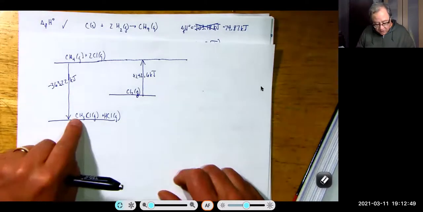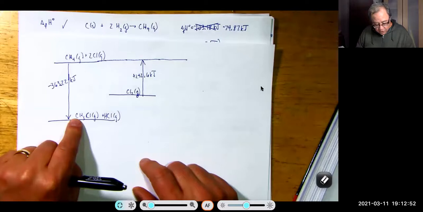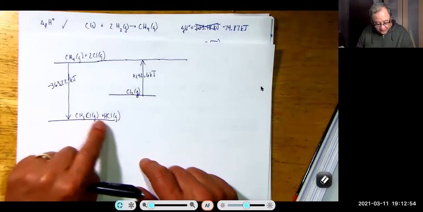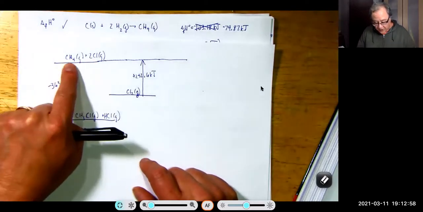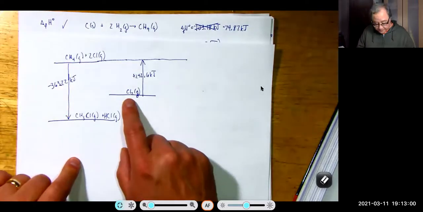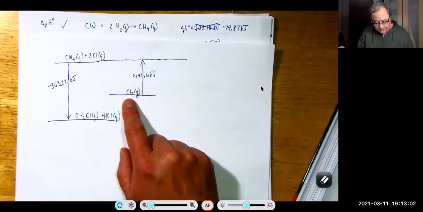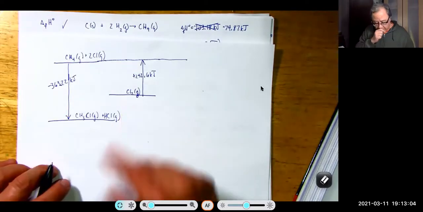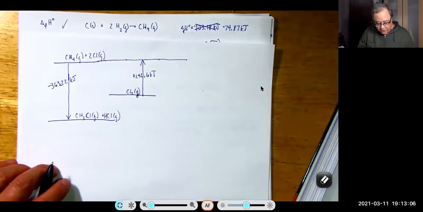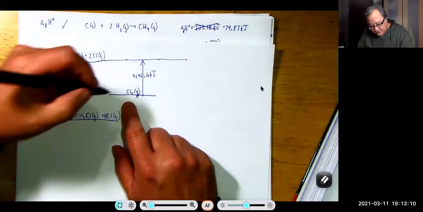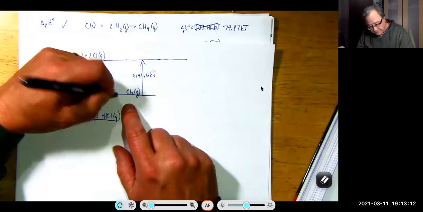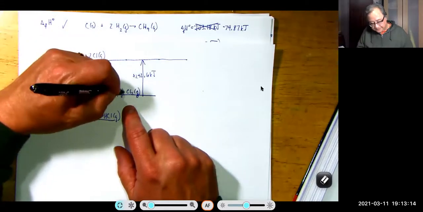I've got 1 carbon here, 2 chlorines, and 4 hydrogens. 1 carbon, 2 chlorines, and 4 hydrogens. No carbons and no hydrogens, but I have 2 chlorines. So I'm missing a carbon and 4 hydrogens. Well, doesn't it make sense to put CH4 gas here?